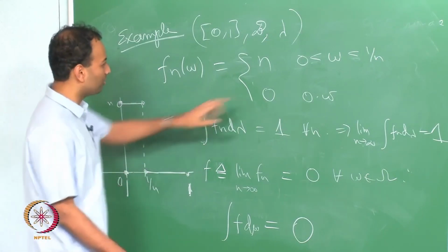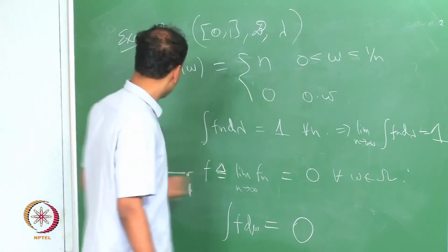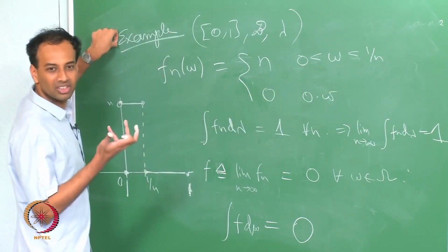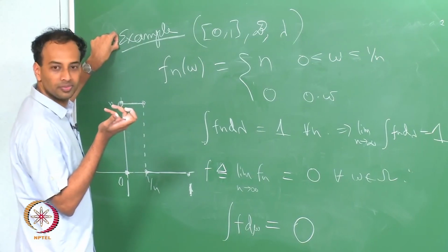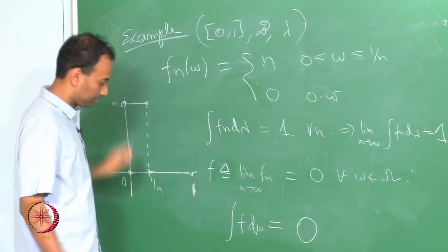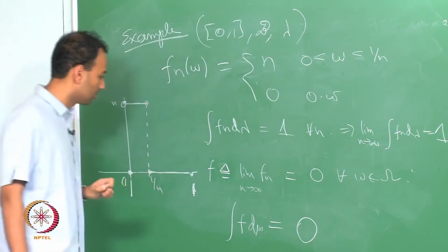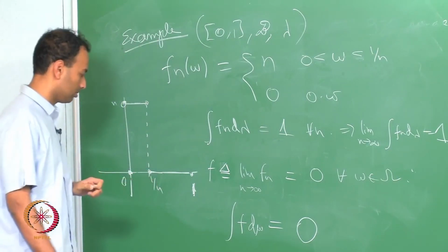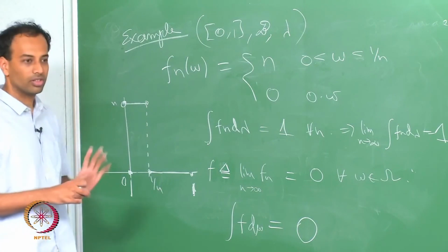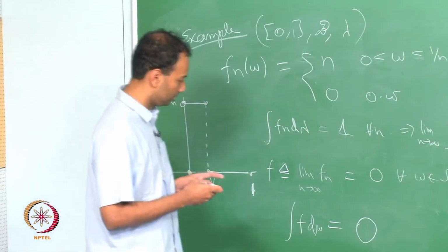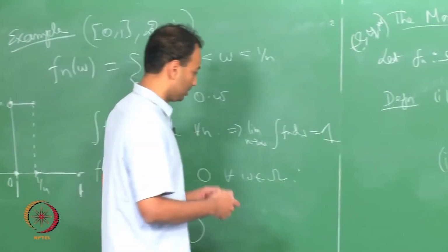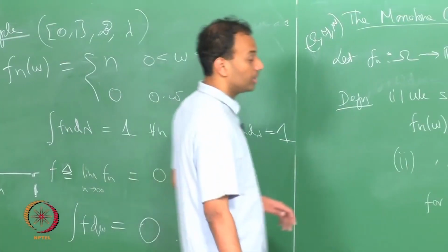So it would not have mattered even if I had less than or equal to here; there will just be one point where the function is plus infinity, but that one point has measure 0. So there is no difference. Is that clear? So you cannot interchange limit and integration.